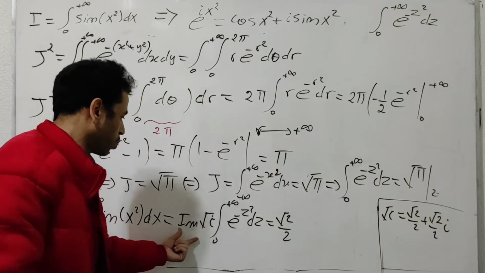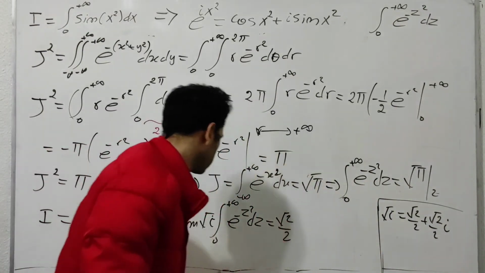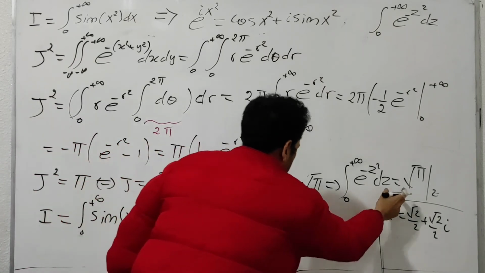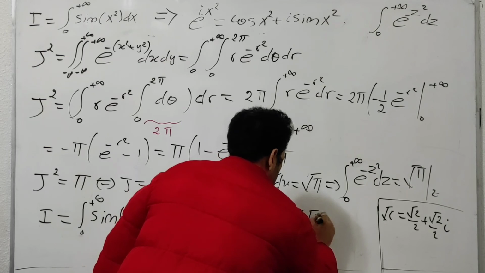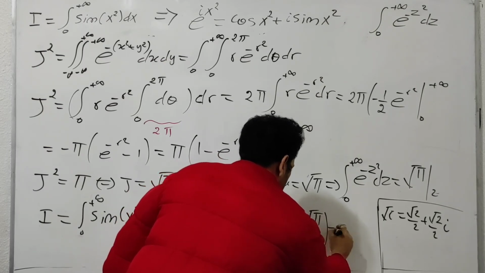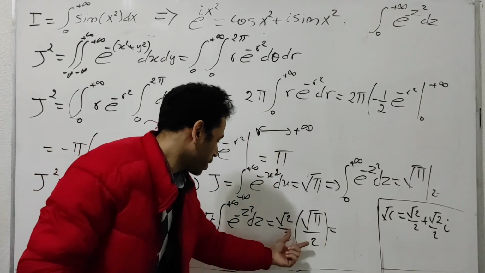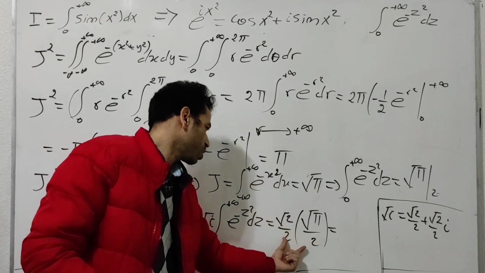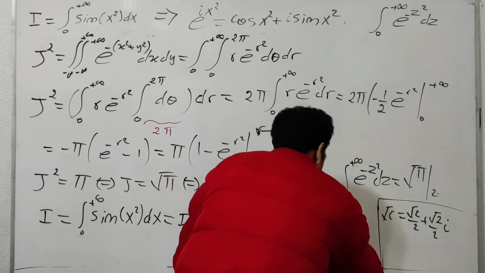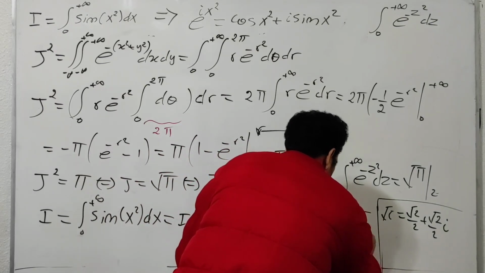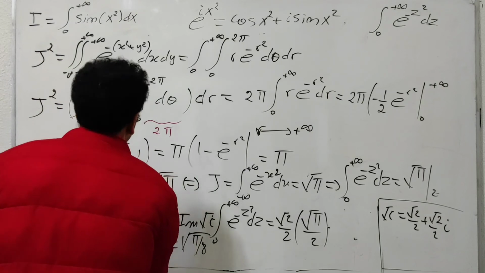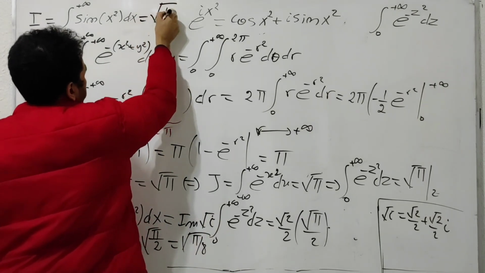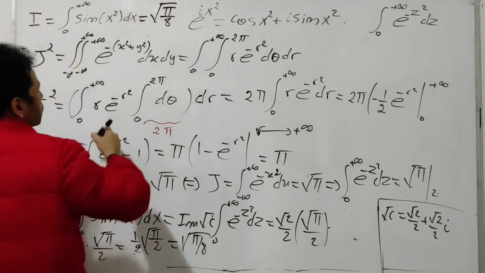I'm taking only the imaginary part of this one, which is square root of 2 over 2 multiplied by the value we have now, square root of pi over 2. By putting these two together, I will get square root of pi over 8. So the value of this integral equals square root of pi over 8.